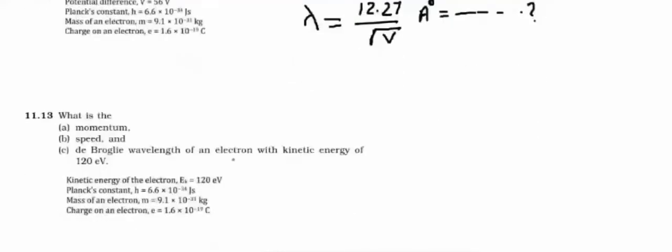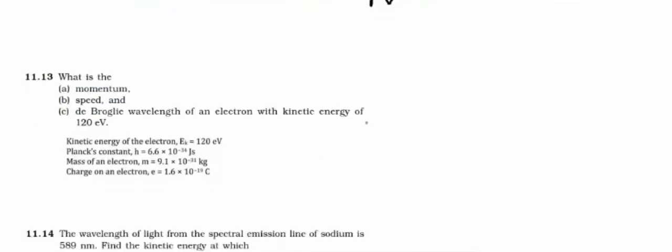Next, question 13. What is the momentum, speed, and de Broglie wavelength of an electron with a kinetic energy of 120 electron volt? Kinetic energy is given. So again, first we can have momentum. Momentum p is equal to under root 2mE.